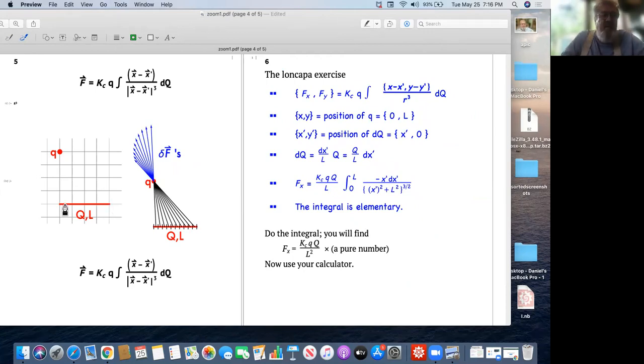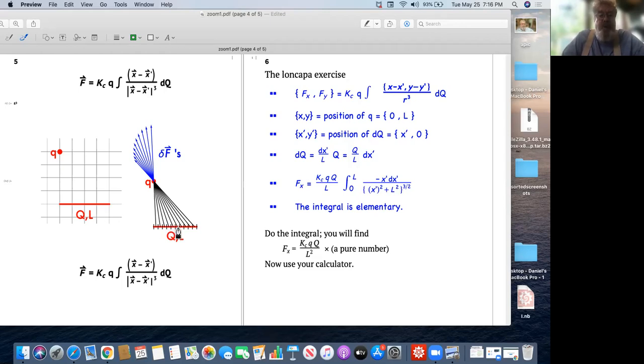I can subdivide the rod into many small pieces. Subdivide the rod into 1,000,000 parts. Each little part is a particle. And I already know how to calculate the force due to the particle. So now I just have to integrate over the rod.